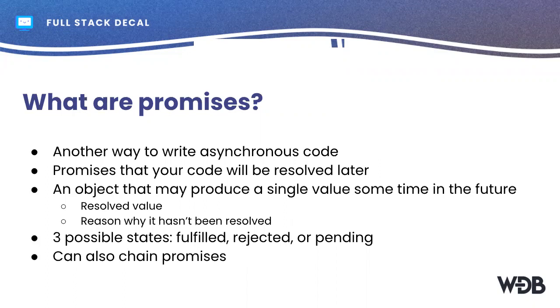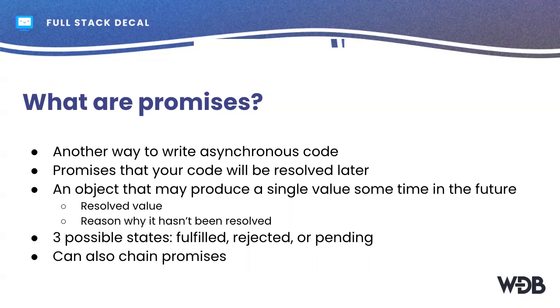You're letting it run and you don't really know what's going to happen at the very end, but it will be resolved sometime in the future. And your code will be able to sort of do something with this resolved value or deal with why it has not been resolved, such as an error with your code.